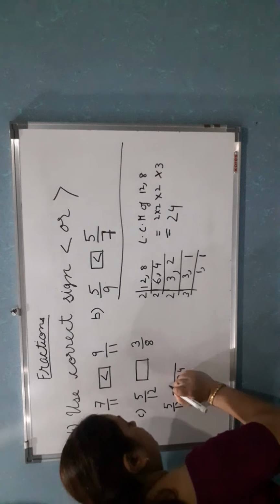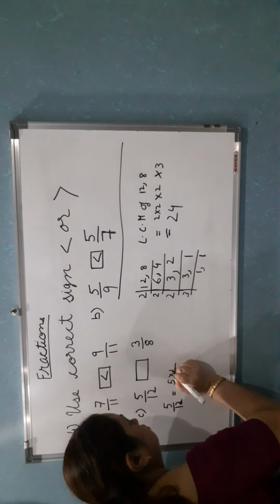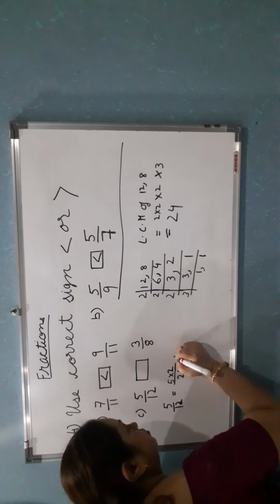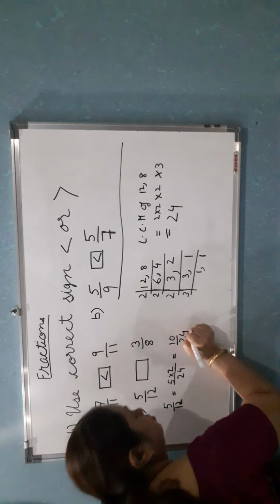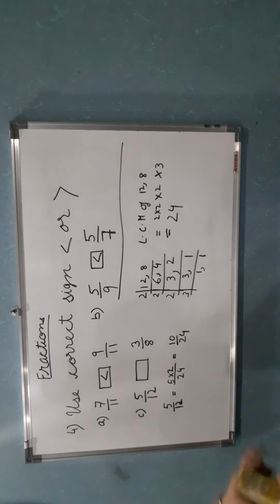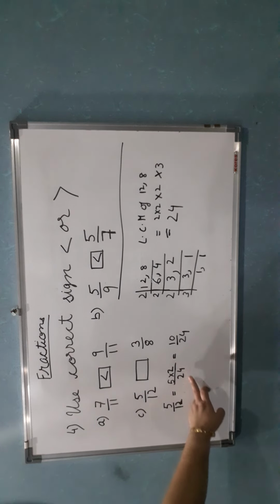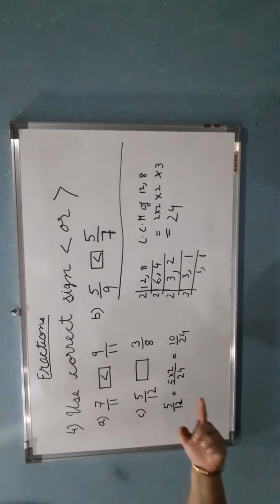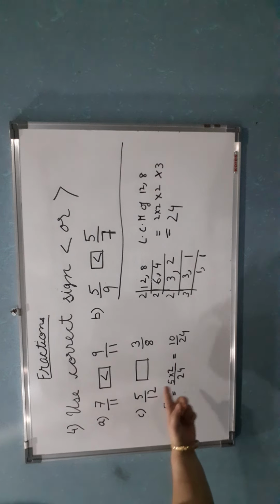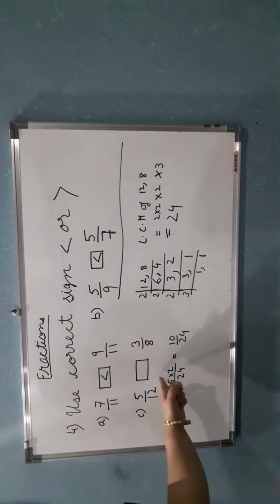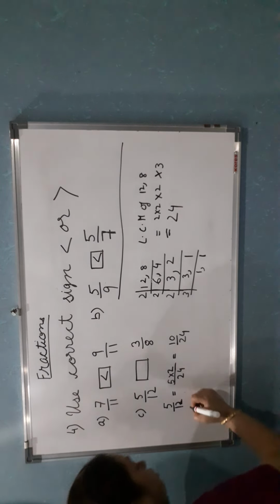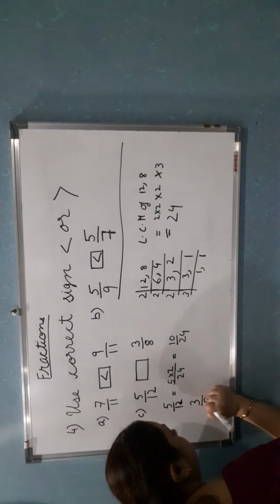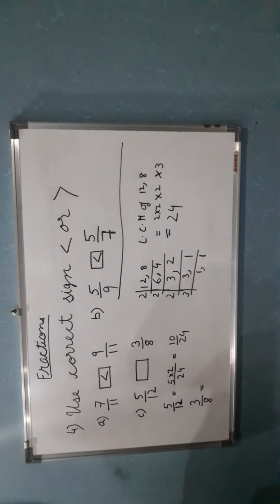Then 5 into 2 is 10 by 24. You divide 24 by 12, you will get 2. Then just multiply with numerator, 2 into 5, that is 10 by 24. Again 3 by 8. What will you do here?